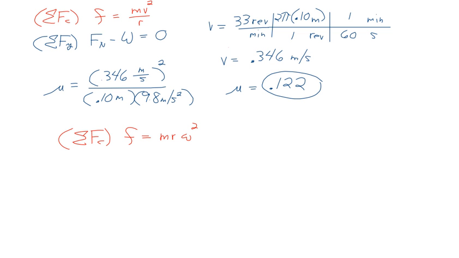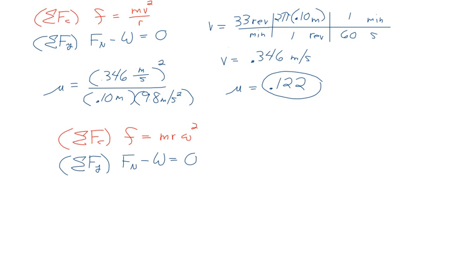So if I sum up the forces in the y direction, they're the same. I'm just going to repeat it. So Fn minus W equals 0. And since Fn equals W and W equals mg, then I can replace friction with mu mg.